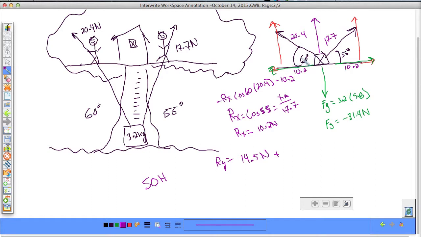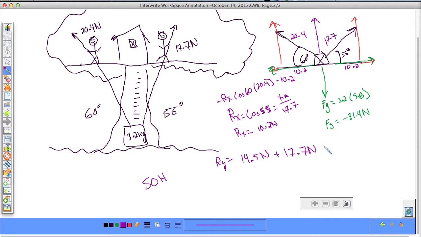So let me do that real quick. Sine of 60 times 20.4. We get 17.7 newtons. Okay.